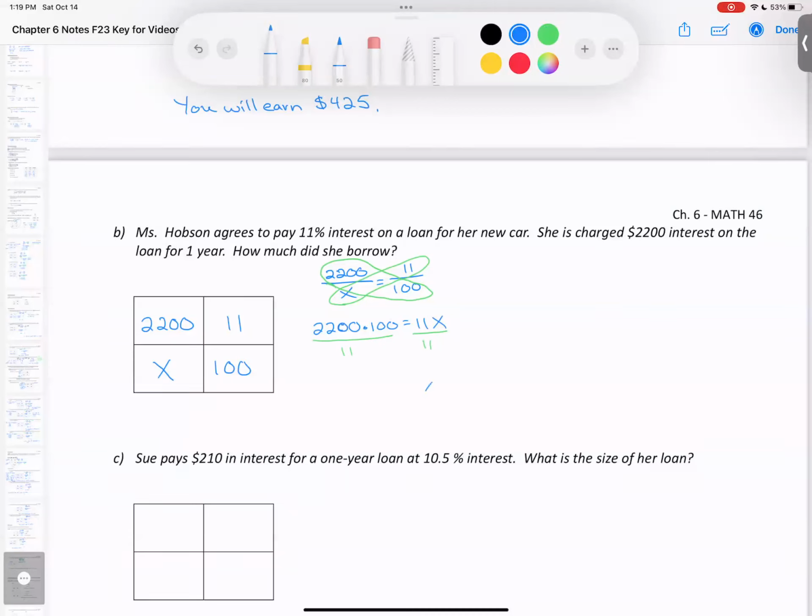And so I get x is 2,200 times 100 over 11. So let's calculate that out and see what we get. And we get 20,000. So she borrowed $20,000. So go ahead, look at that next problem, pause the video and see if you can do it on your own.